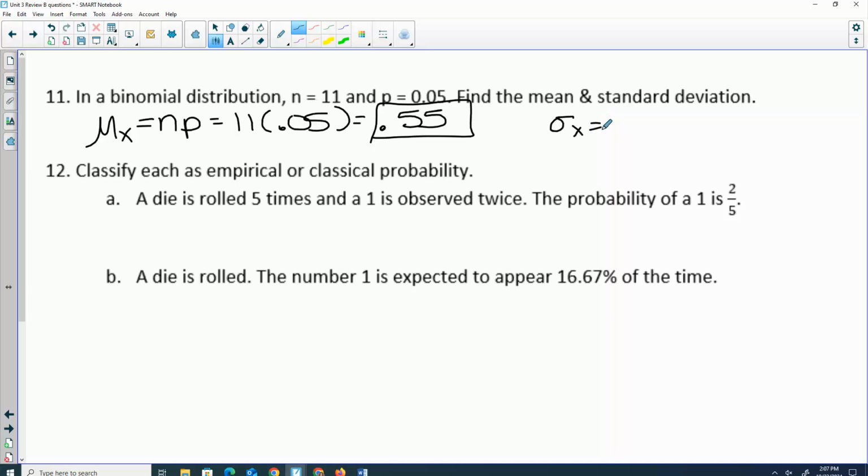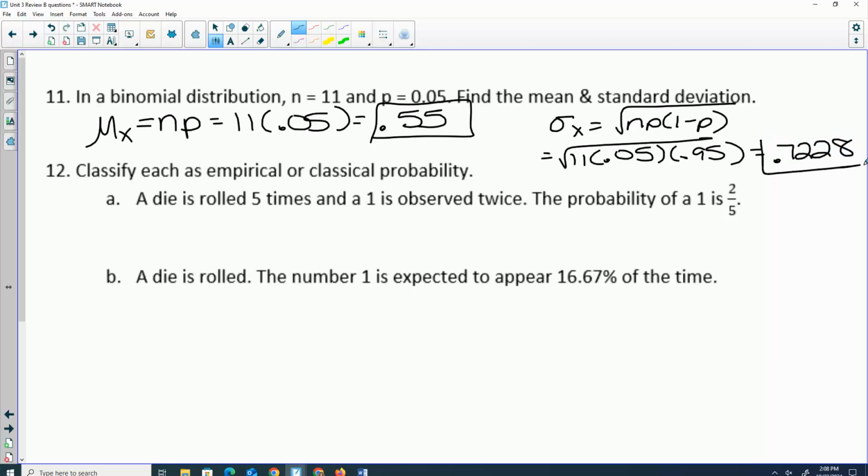Standard deviation is the square root of n times p times 1 minus p. Square root of 11 times 0.05 times 0.95 gives 0.7228. Are those okay?